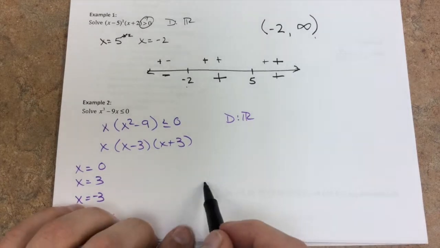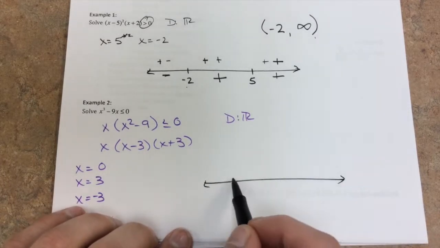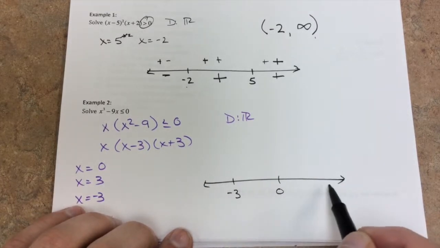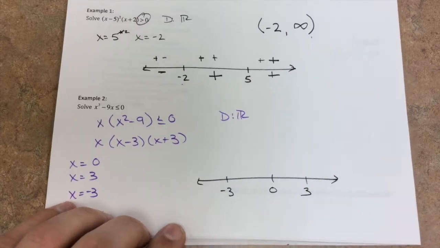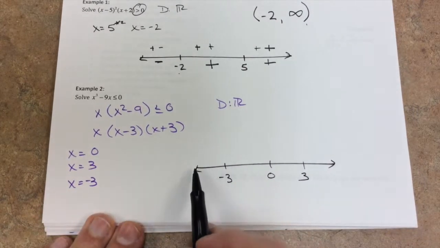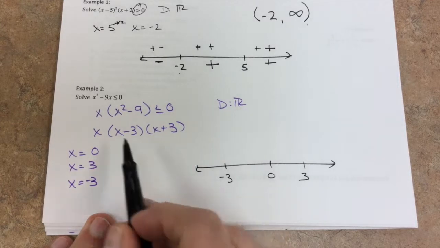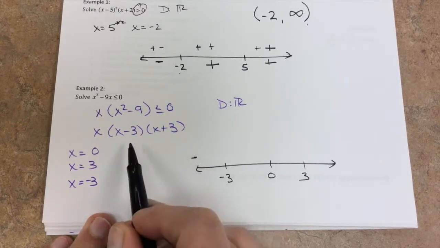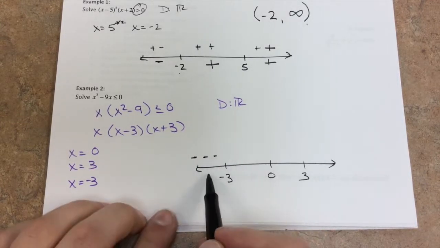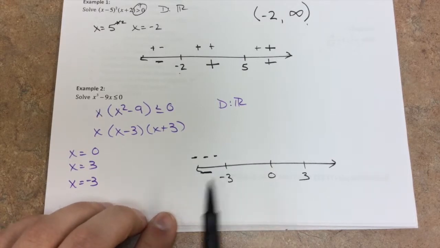The last thing that we have to do, draw our number line. We're going to have negative 3, 0, and 3, which means we have 4 regions to test. To the left of negative 3, we have a negative, negative, negative. 3 negatives make a negative.